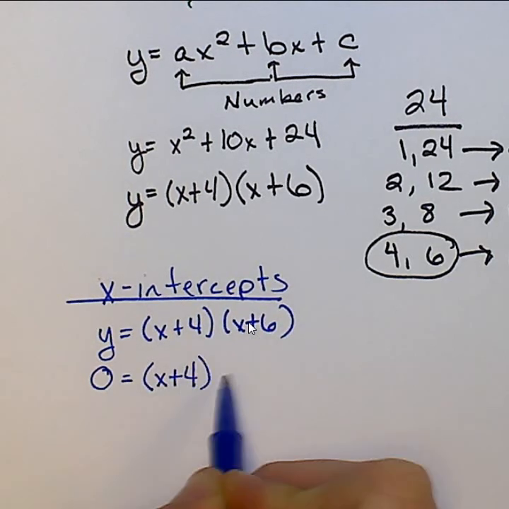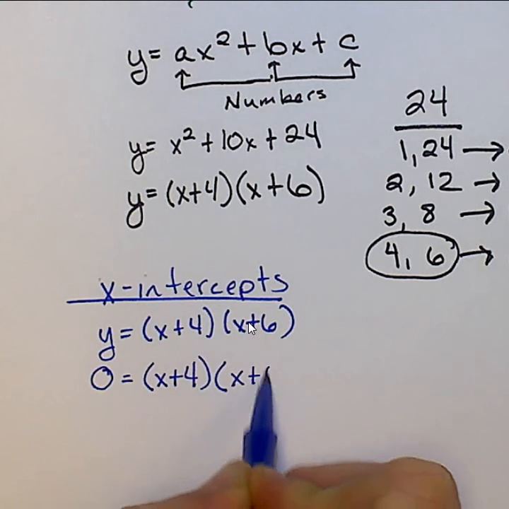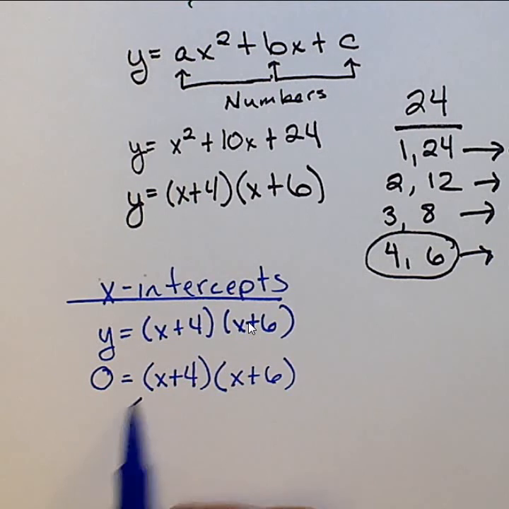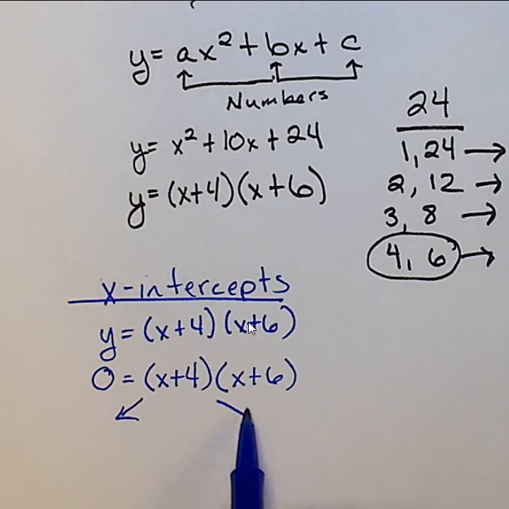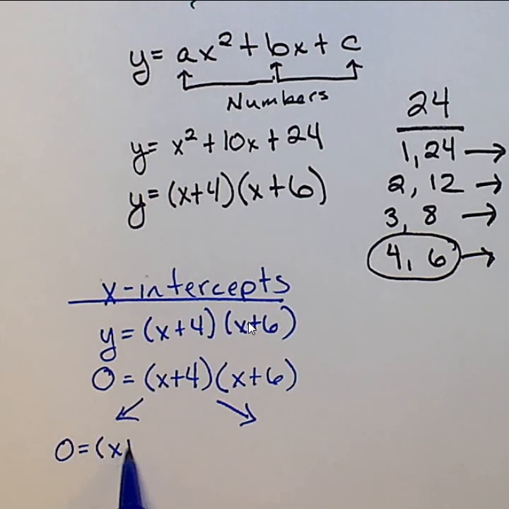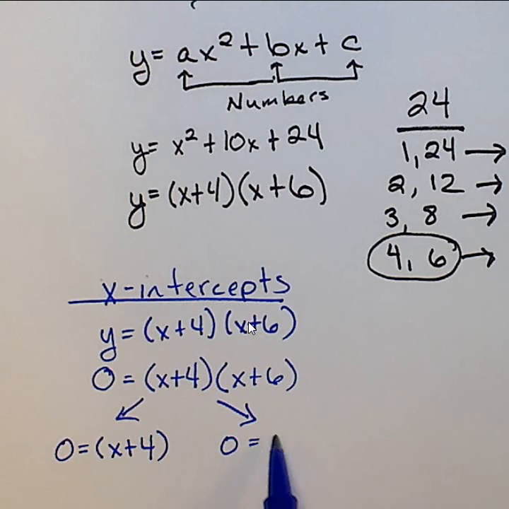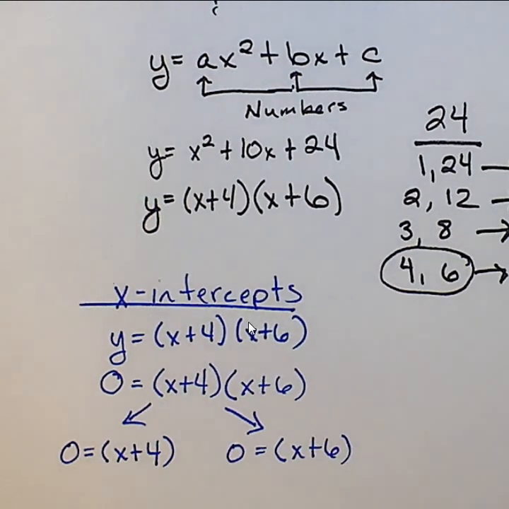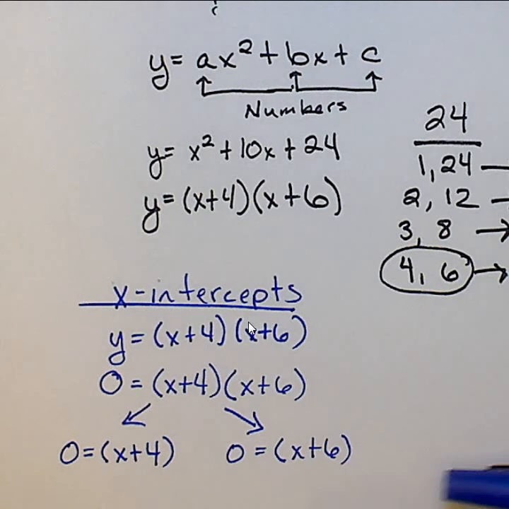And when I substitute 0 in, now I can break these apart and create two separate equations, where 0 is equal to x plus 4 and 0 is equal to x plus 6. And now I can start to figure out what my x's are going to be for my roots.